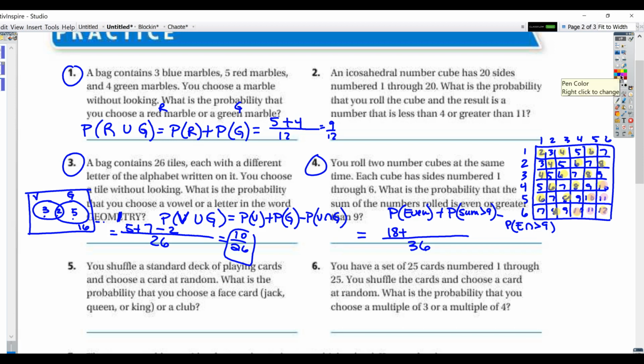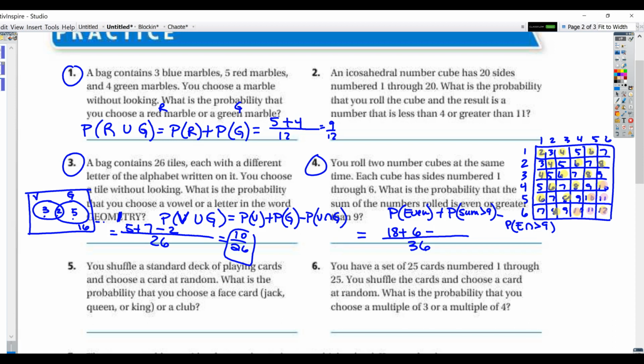All right. So how many of our outcomes had sums greater than 9? 6. So I'm going to add 6 over 36. But guess what I did? I double counted some of these. They're going to be the dots where the pink and the yellow overlap. I should have used 2 colors that make another color. That would have been cool.